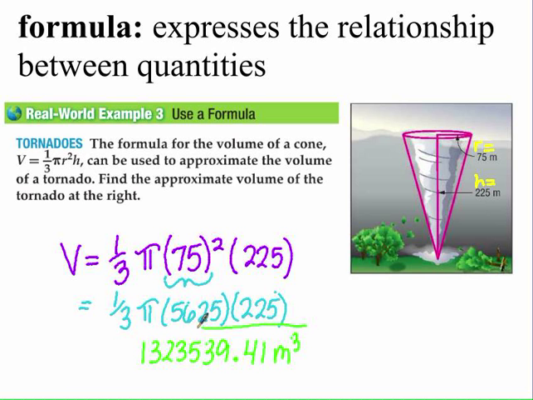That's one way. Okay, the other way is to just multiply the 1/3, the 5,625, and the 225. When I do that, what do I get? So I just want you to multiply those. And what do you get? $421,875.